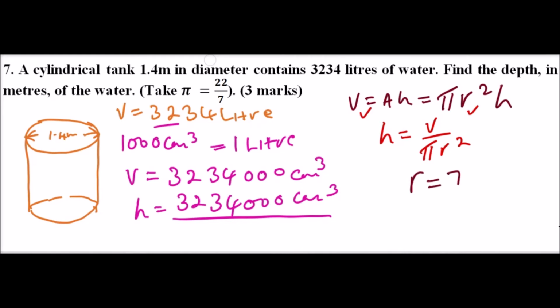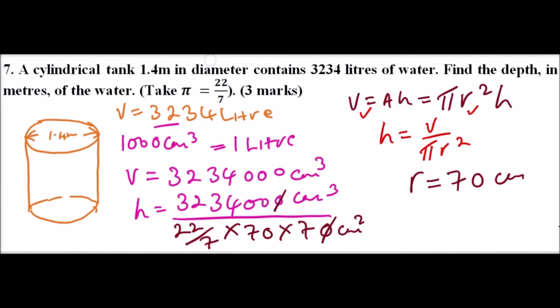So radius is equal to 70 centimeter. So this is equal to 22/7 multiplied by 70 multiplied by 70. So you can simplify here. So these are centimeter squared. So this would divide with that, we will be left with centimeter. That will divide by that. And therefore what remains is, use your calculator.